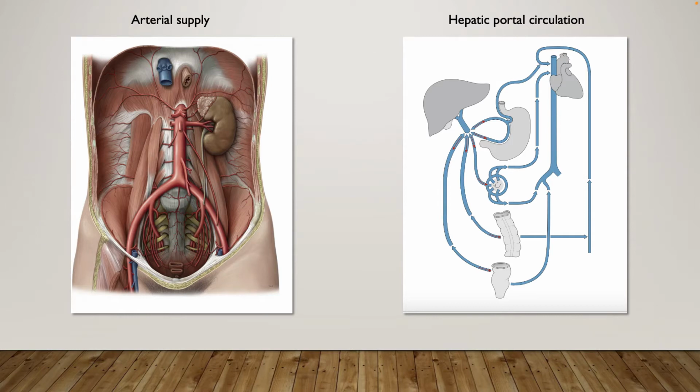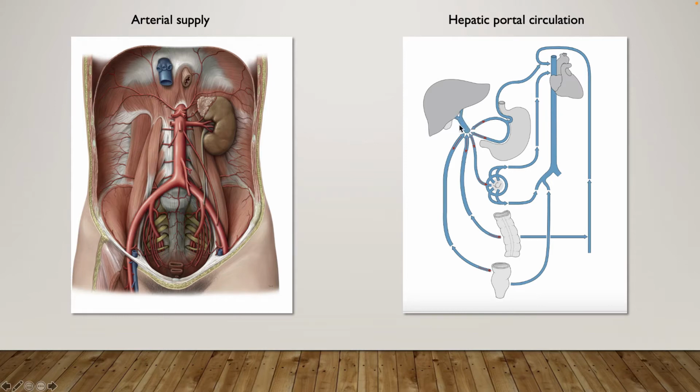So what's happening is we ingest food, we digest it, and then we absorb it. Where it's absorbed is into our blood, and it's absorbed into this hepatic portal system. So you see blood coming out here, and it's ultimately going to travel to this hepatic portal vein.